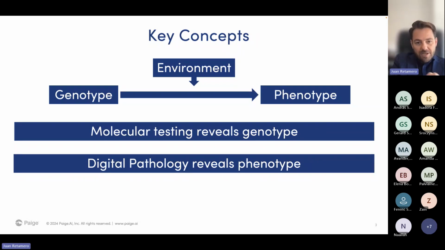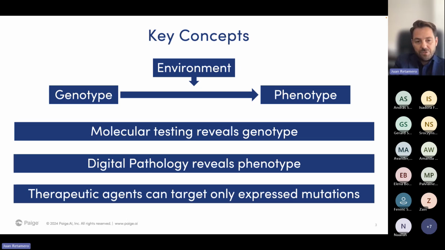Again, when we do molecular testing on a tumor level, what we're looking at the end of the day is the genotype. However, what digital pathology and AI actually do is reveal aspects of its phenotype, of its morphology, that could be of significant importance when it comes to rendering that tumor subject to certain therapeutic agents.